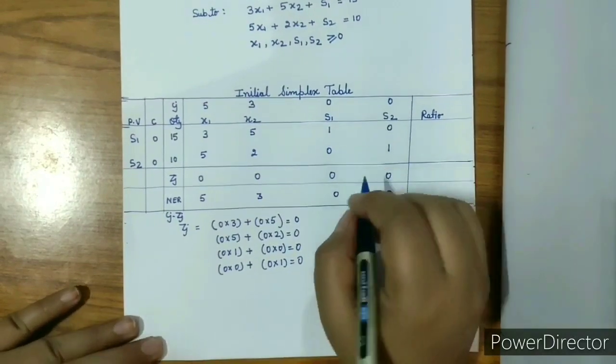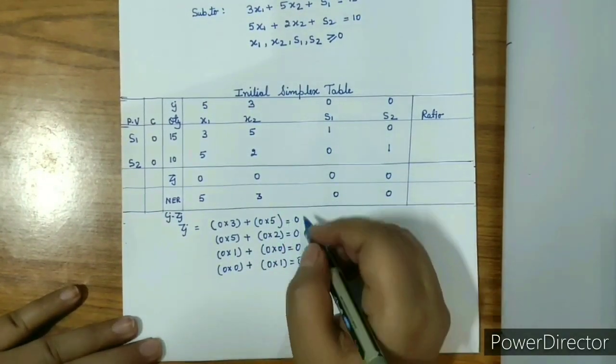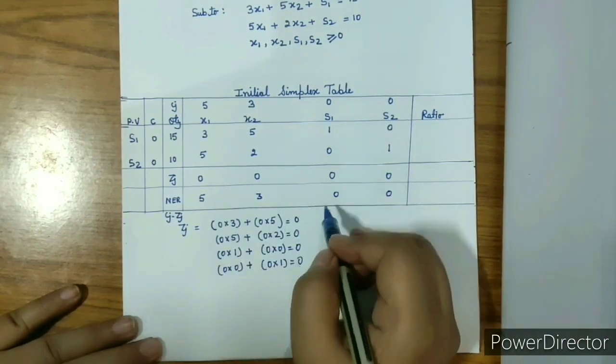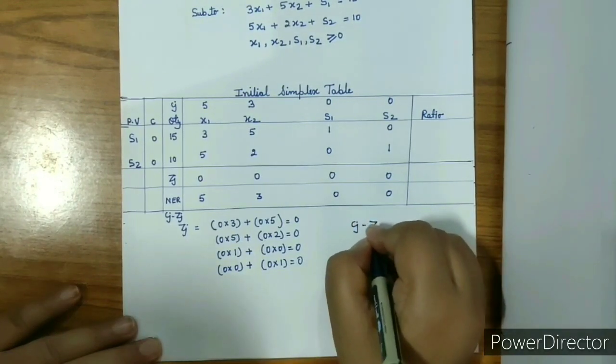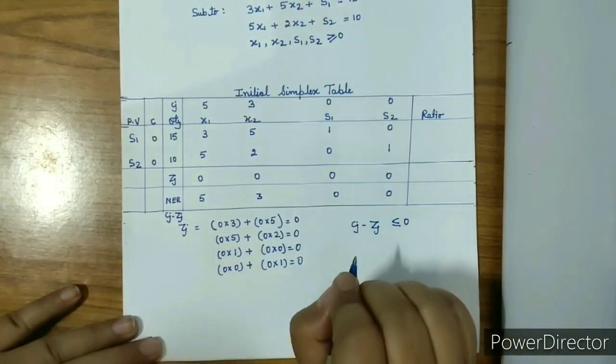Now, for the optimum solution, we need the NER values to be less than or equal to 0, or we can say Cj minus ZC should be less than or equal to 0.